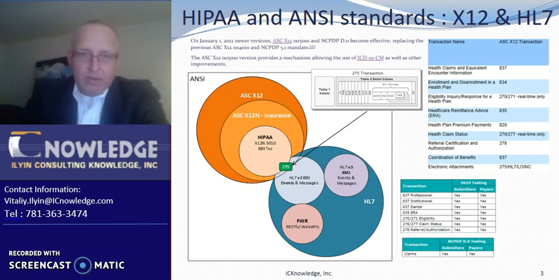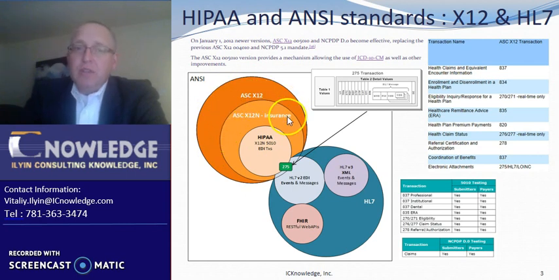It is just the number of the committee. ASC X12 is responsible for EDI and XML messaging standards for electronic data exchange across all of the industries. So across financial, insurance, transportation, any industry that you can think of.